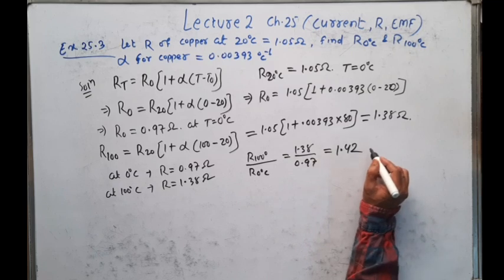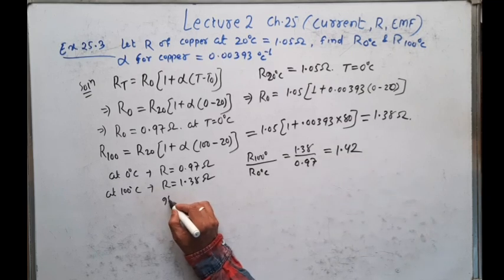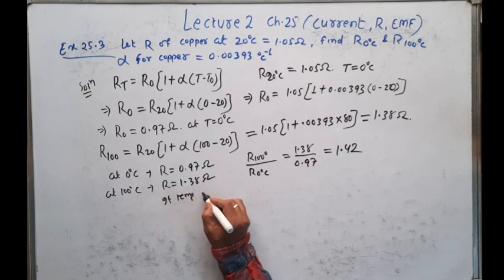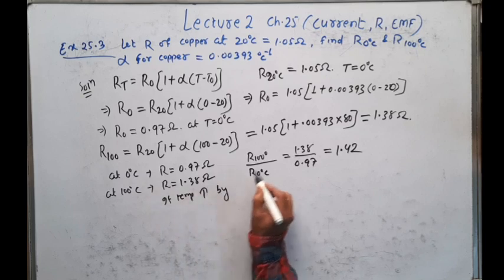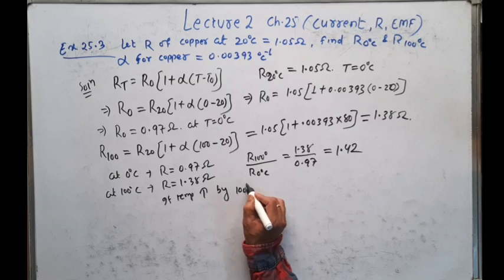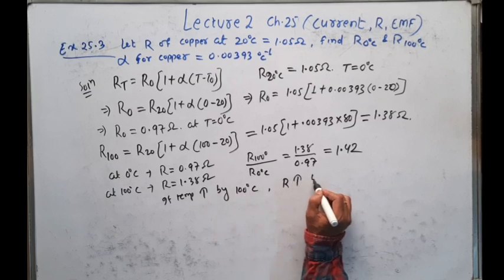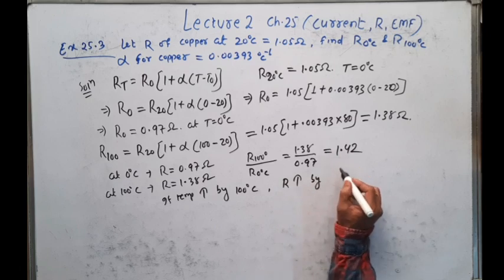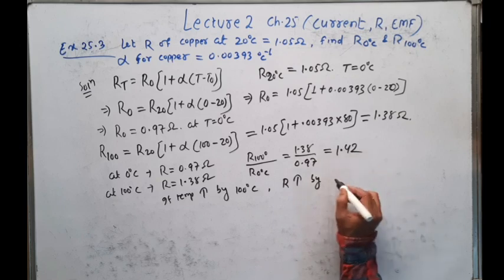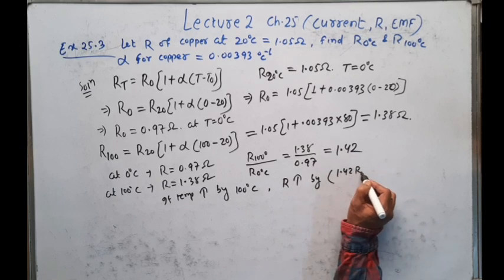That means if temperature increases by 100 minus 0, that is 100 degree centigrade, then the new resistance is 1.42 of R naught. The change in resistance is 1.42 R naught minus R naught.